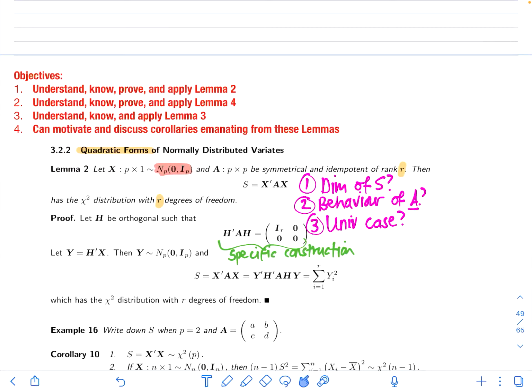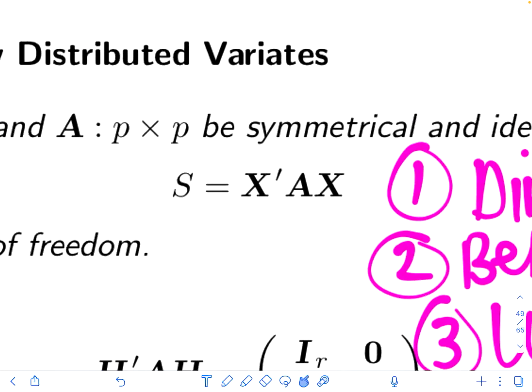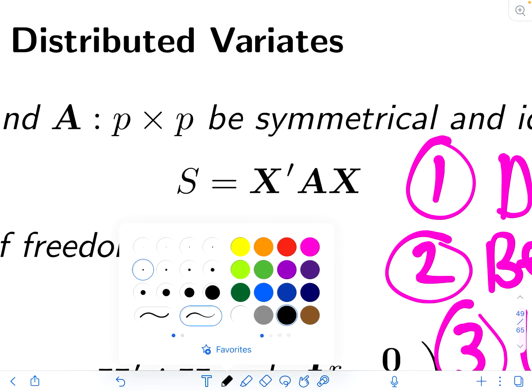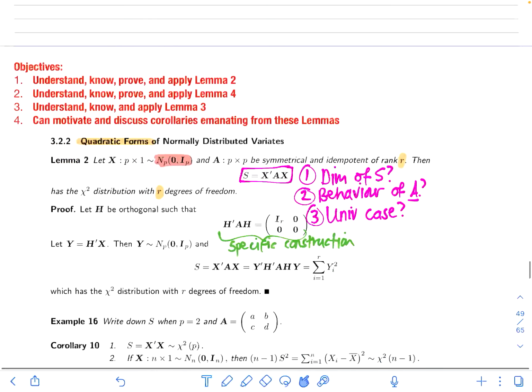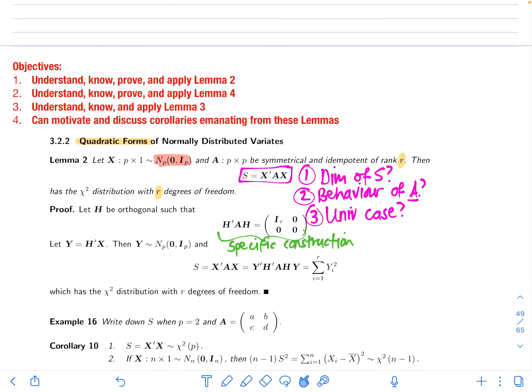In this case, of course, r must be less than or equal to p. Then the quadratic form S, X transpose AX. This is my quadratic form. X transpose AX will have a chi-square distribution with r degrees of freedom.